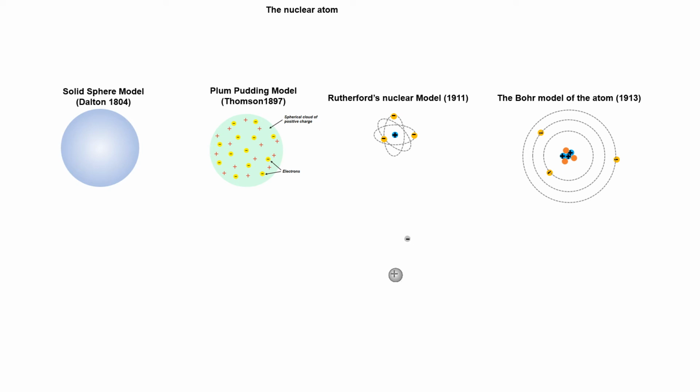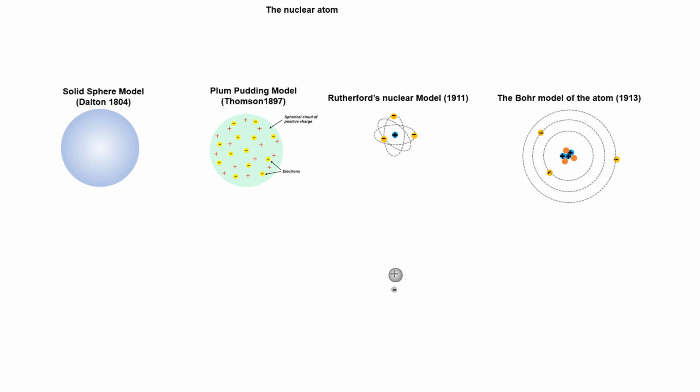Hence, they should give off light like any other accelerating electric charge. Since light carries off energy and energy is conserved, the electron's energy must decrease to compensate. Hence, electrons would be expected to spiral into the nucleus.